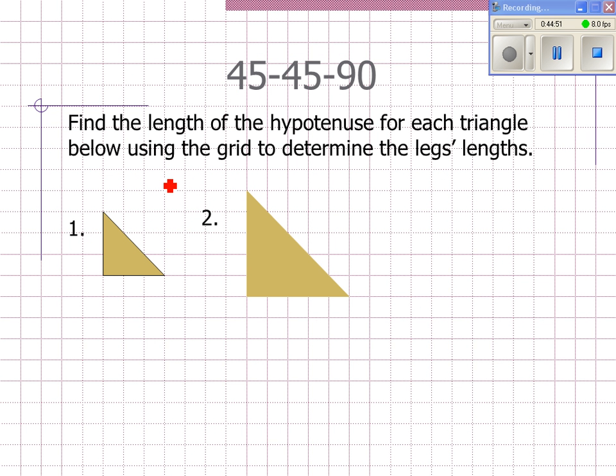All right, draw these two triangles. You need to be careful on the harder ones.